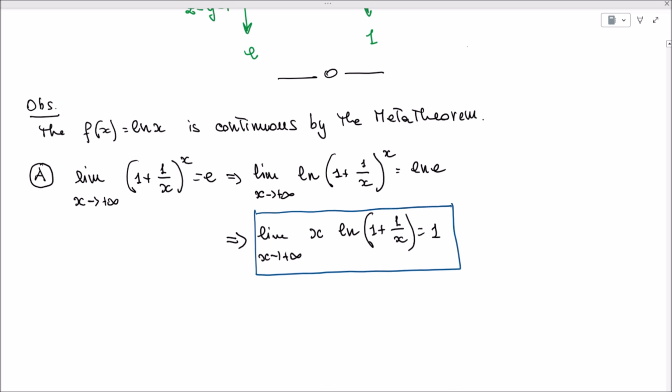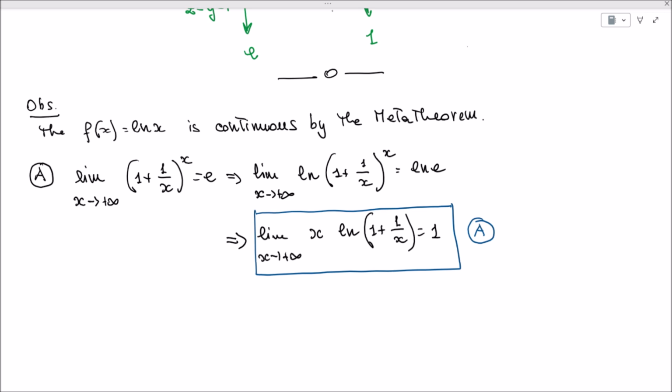Okay, so let me call this A. Let's say that we have this first result. The limit as x goes to plus infinity of x times the logarithm of 1 plus 1 over x is equal to 1.